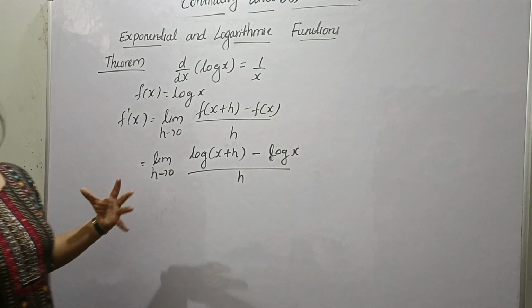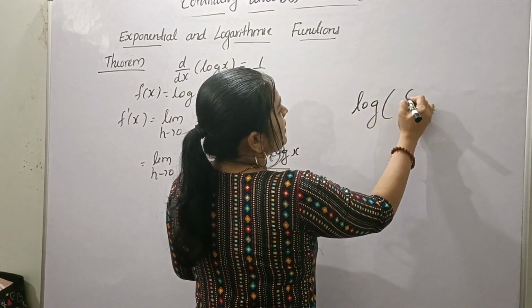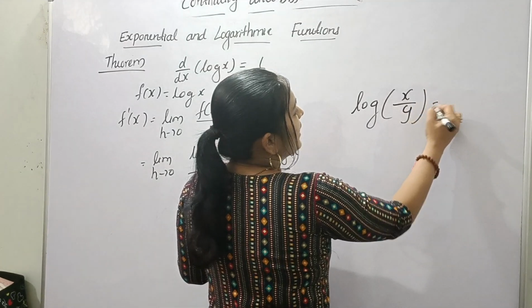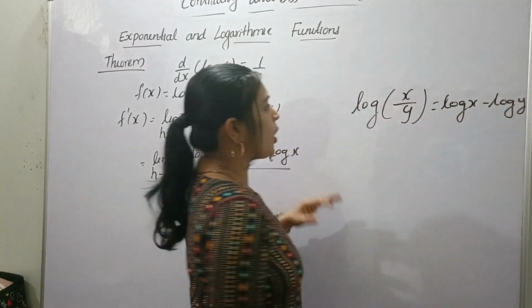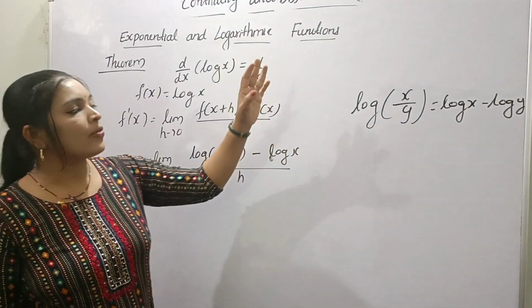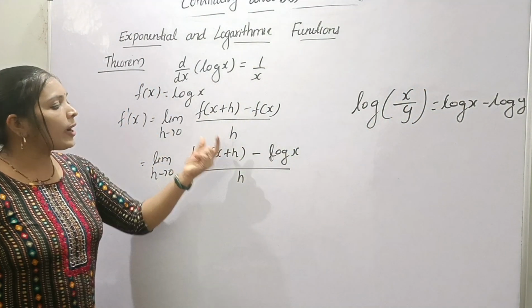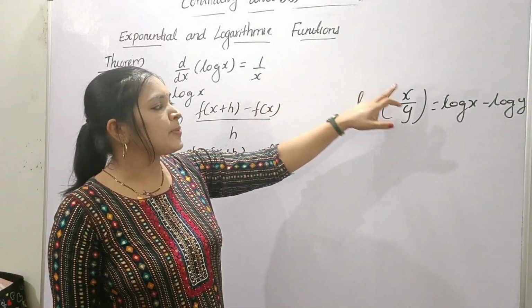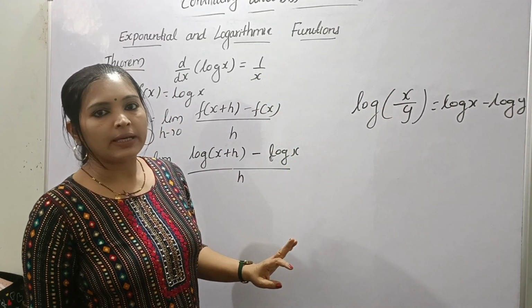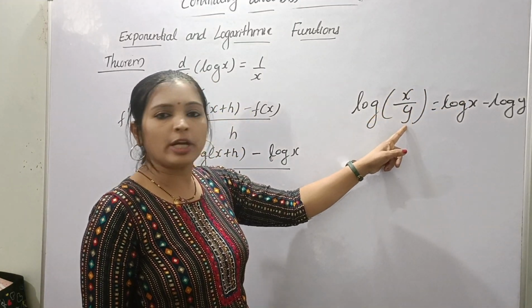By one property of logarithms, log of x by y is equal to log x minus log y. So this, log of x plus h minus log x, can be written as log of x plus h divided by x, because log x minus log y is equal to log of x divided by y.